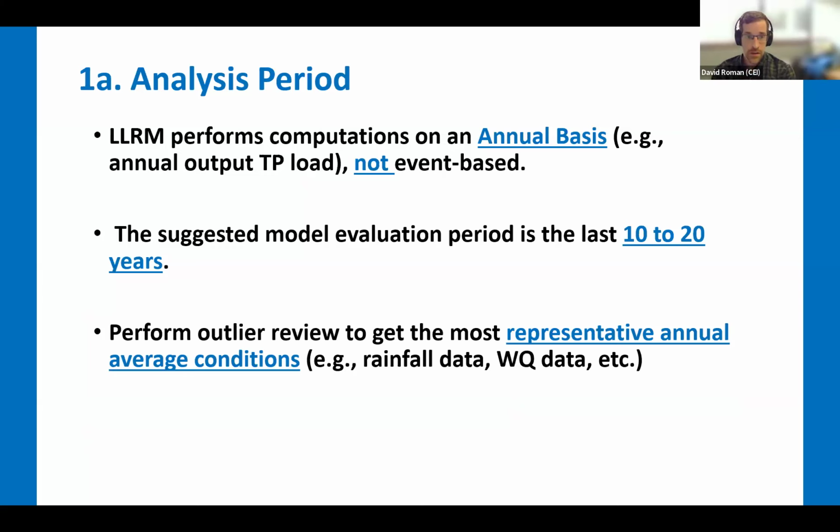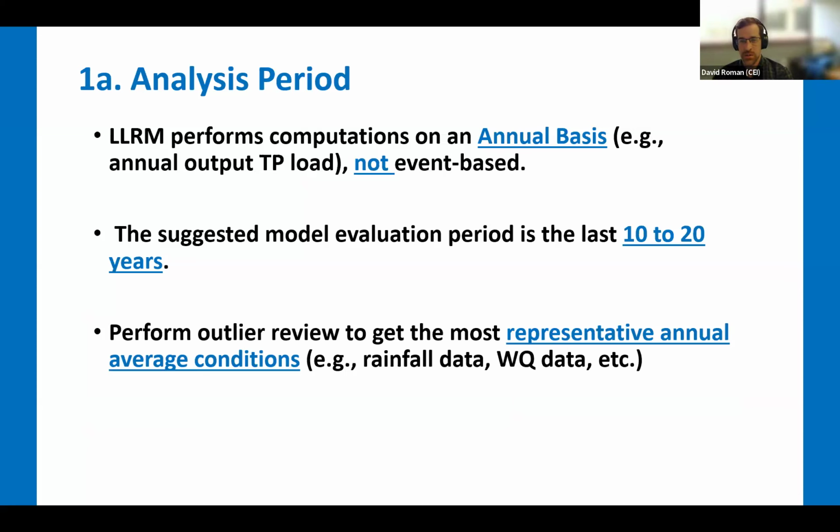So in general, the first thing to look at is the analysis period. LLRM does everything on an annual basis. So it's not like an event-based model where you're going to be able to look at pollutant loading from a 24-hour storm. In general, it's suggested to look over a 10 to 20 year time period.